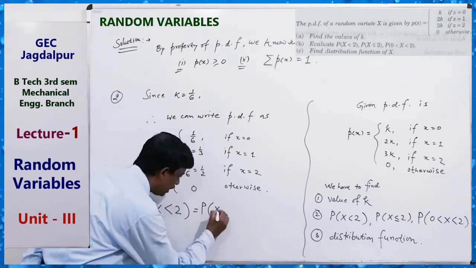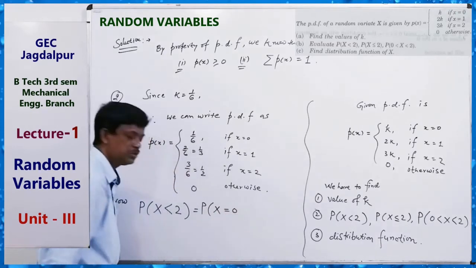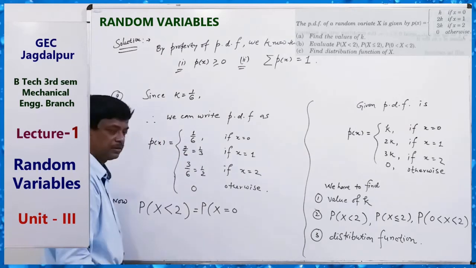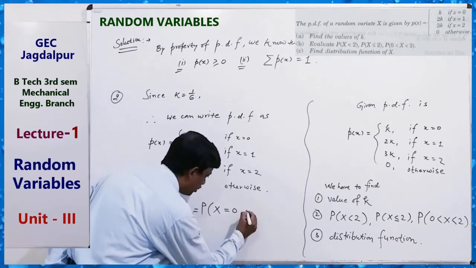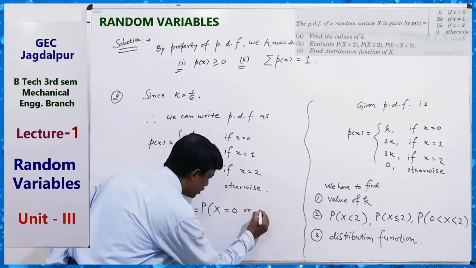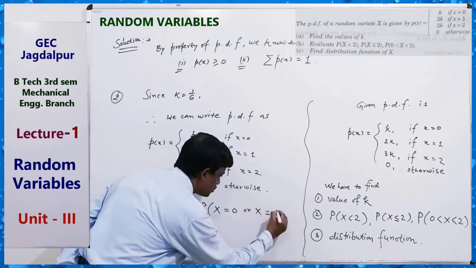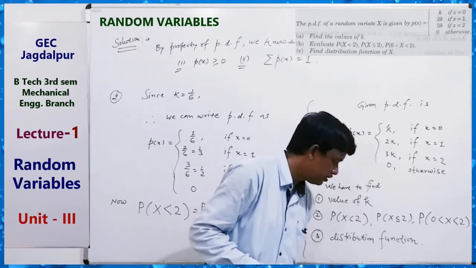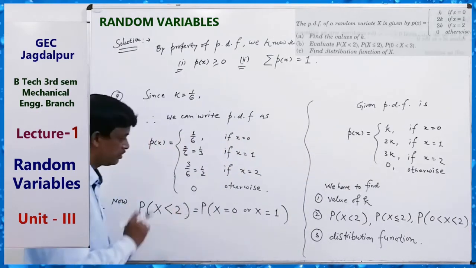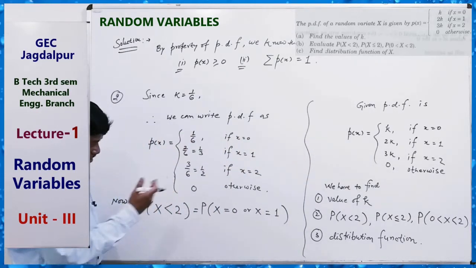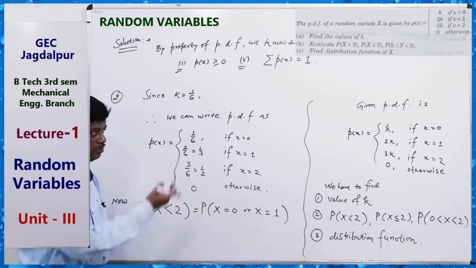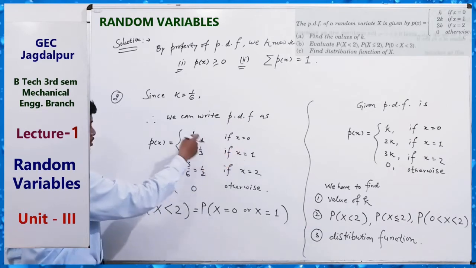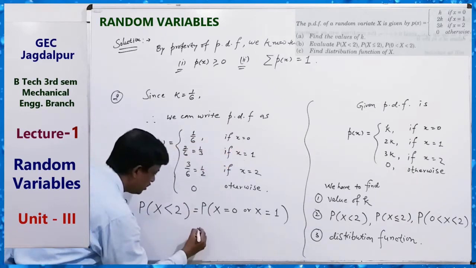Probability of x equals 0, defined at 0, or x equals 1. Both may be, because less than 2 means 0 or 1. So 1 by 6 plus 1 by 3.